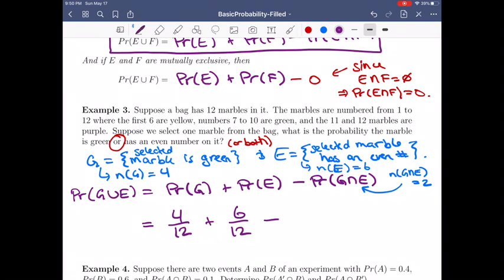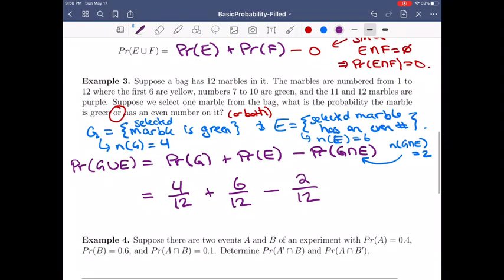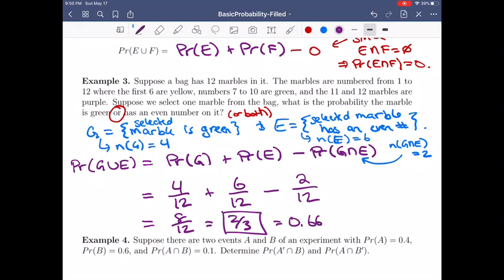And if we get a green even marble, there's only 2 of them out of 12 that we could grab. Putting these together, we get 8 out of 12, which is the same as 2/3. So the probability is 2/3, or approximately 0.667 if we use 3 decimal places.